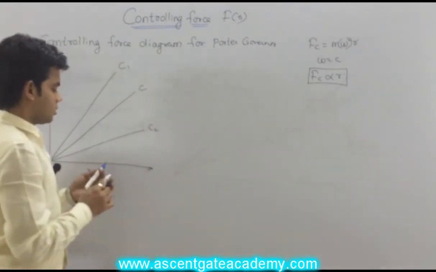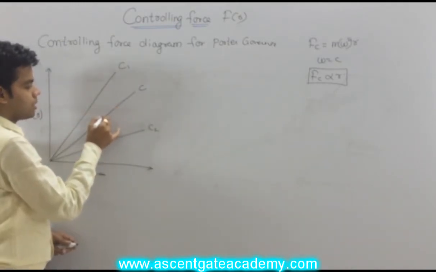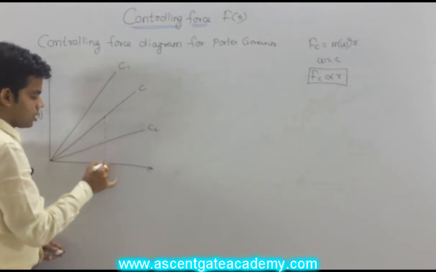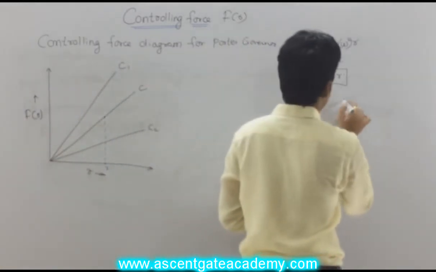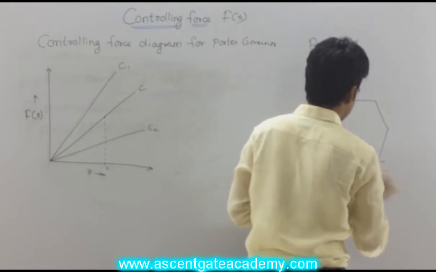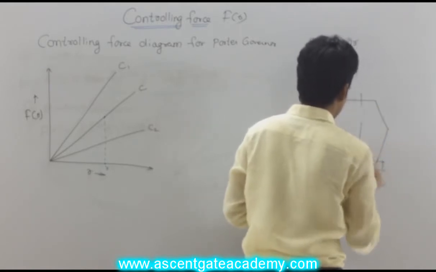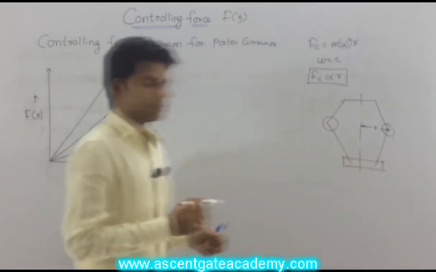Now, at any particular point, suppose the radius of the governor, the radius of rotation of the ball, is small r.